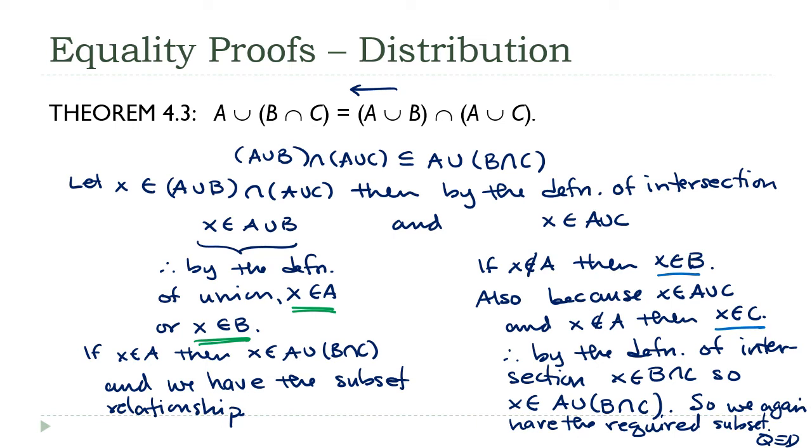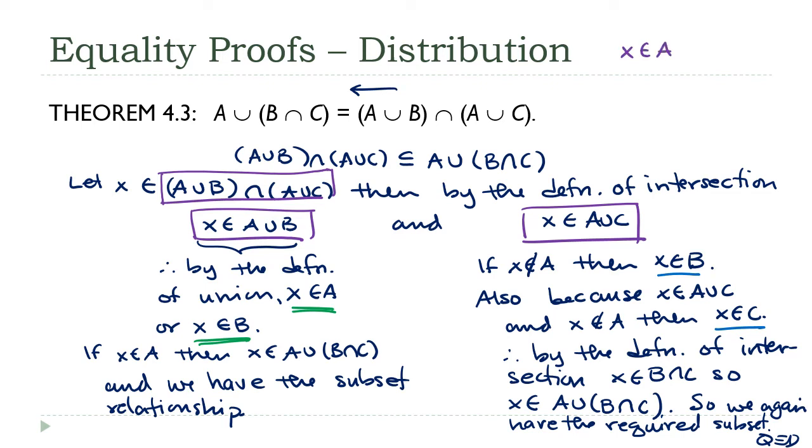So I started by looking at this. At that point, I was just applying the definition of the intersection of these two sets. Then I said, okay, look, I've got some possibilities. This means either X is an element of A or X is not an element of A. Well, if X is an element of A, then we were done.